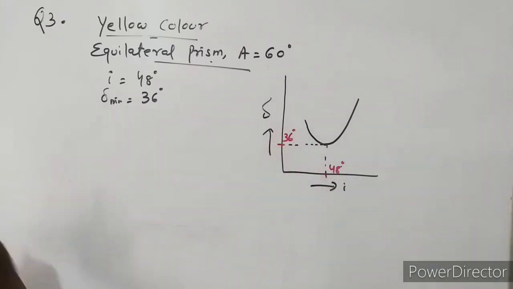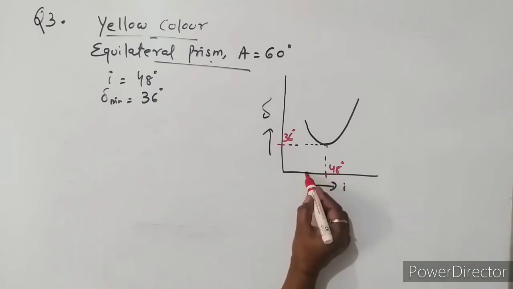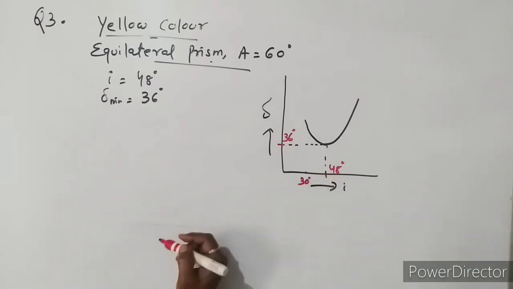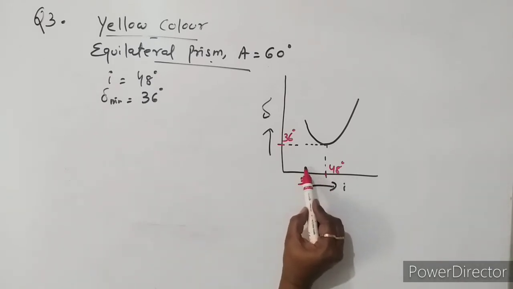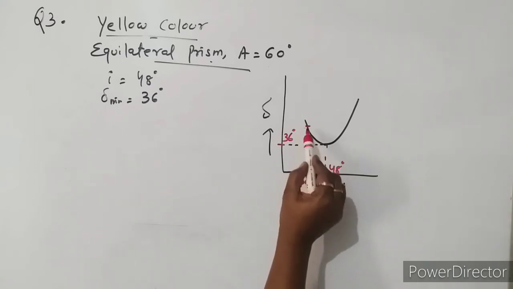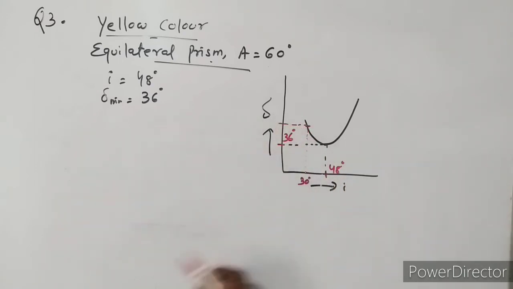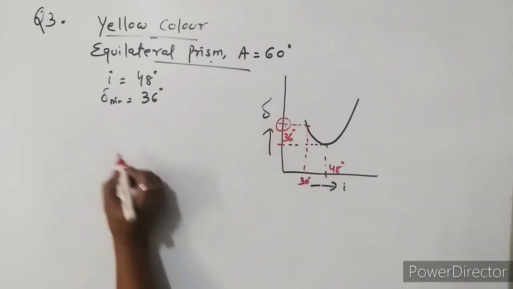Then here it is asked if the angle of incidence changes to 30 degree. So if I am coming here, this one will be 30 degree. So angle of incidence changing to 30 means what? Let us expand that one. It is coming here, so it will be more than 36.